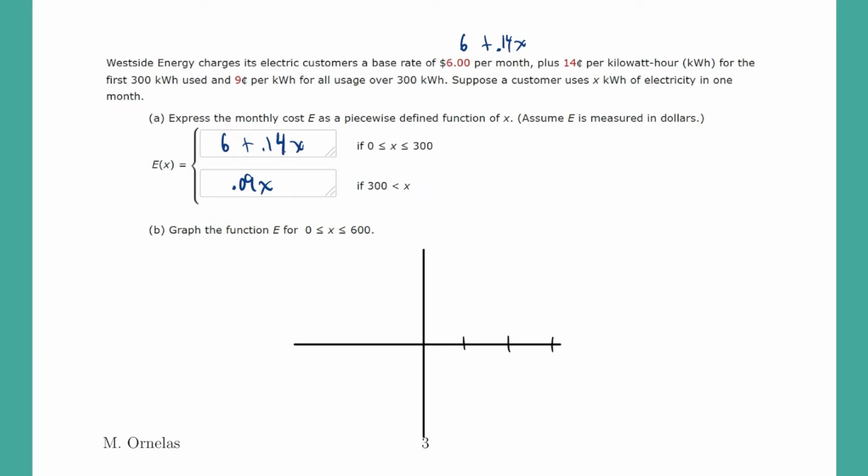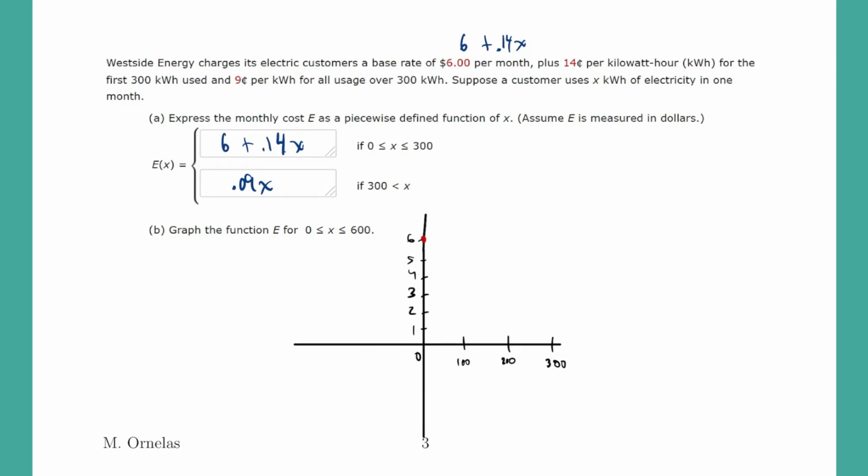So 100, 200, 300. All right, so between here to here, we have this function. It looks like our y-intercept is 6. All right, so 6 would be our y-intercept. So I'm going to go 1, 2, 3, 4, 5, 6. So we start at 6.